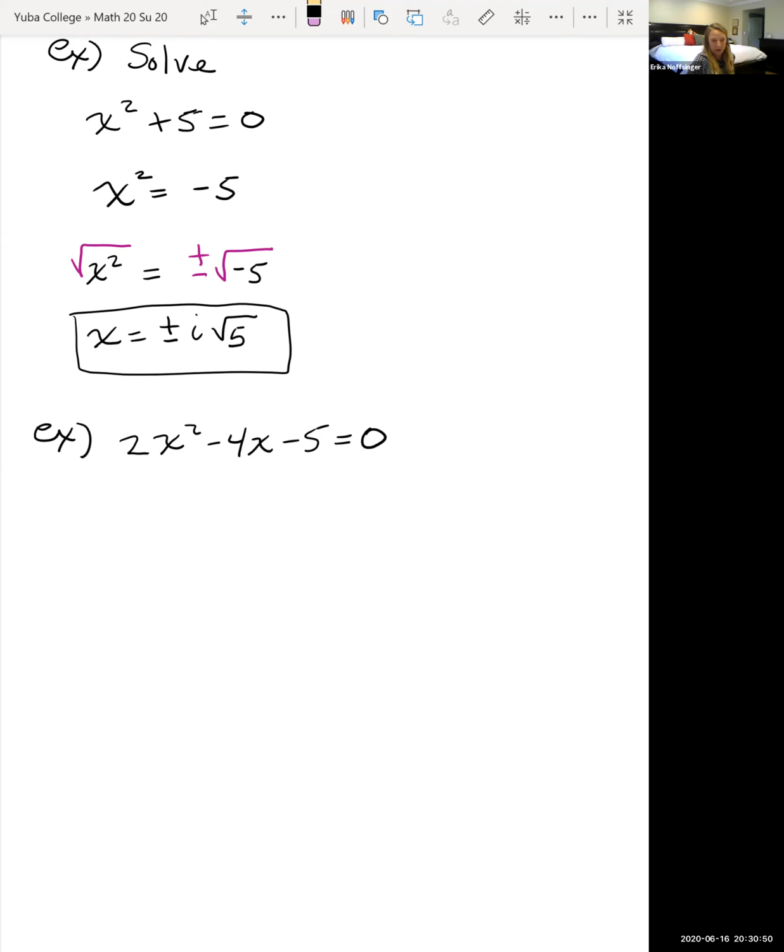But I know that we're working in the section where that's not going to work, and I'm going to have to use the quadratic formula. So I might as well just jump into the quadratic formula. So remember the quadratic formula: x is equal to negative b plus or minus the square root of b squared minus 4ac, all over 2a.